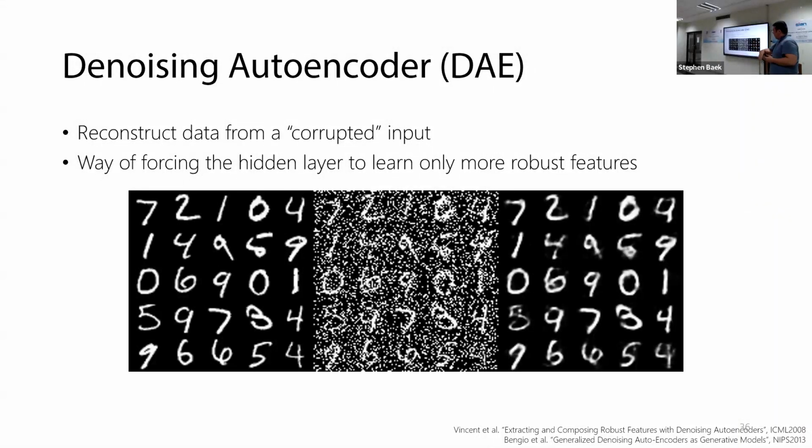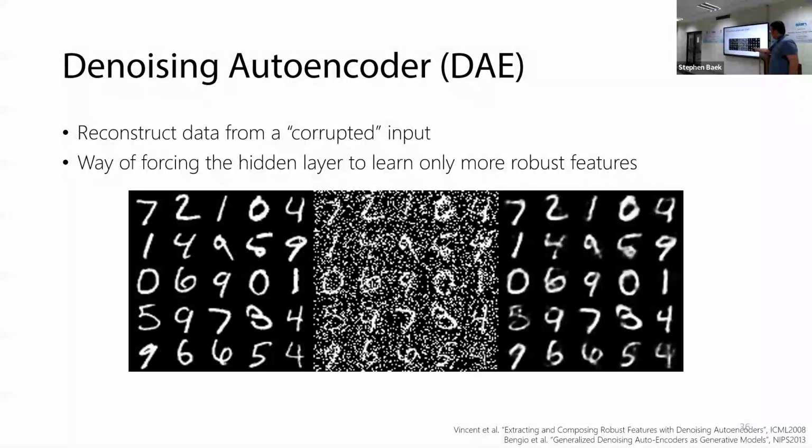So in that regard, there's a thing called the denoising autoencoder. The idea of denoising autoencoder is you intentionally corrupt the data by introducing noise. So for example, instead of giving this as an input, you basically give a corrupted version of that.